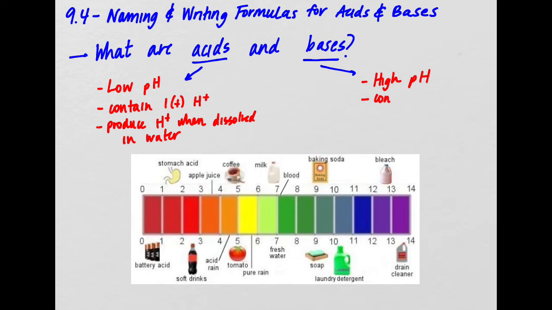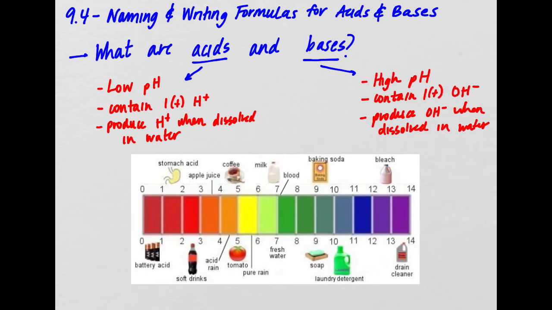So they contain one or more OH minus, which is hydroxide. And they produce or release, you could think of it as releasing also, OH minus ions, hydroxide ions, when dissolved in water. So those are all of the characteristics of our acids and our bases.